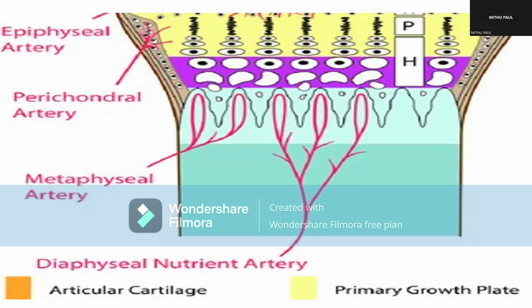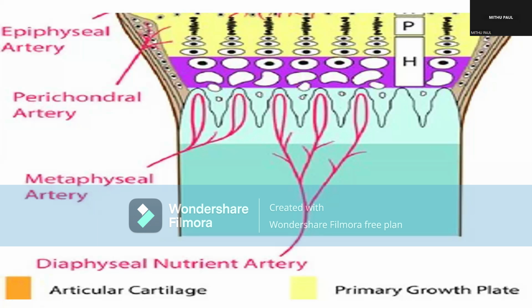So again, via the process of diffusion, some amount of nutrition from the synovial fluid reaches the cartilage. But at the deep side of the cartilage, the most inner side, these vessels cannot reach, where there is formation of some vascular canals through which the vessels traverse.